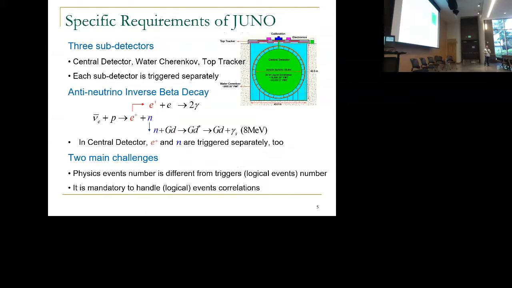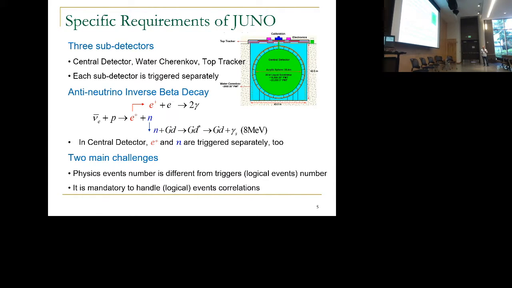I mentioned there are specific requirements for the Daya Bay experiment, and so is JUNO. The JUNO detector consists of 3 sub-detectors: the central detector, the water Cherenkov, and the top tracker. Each sub-detector is triggered separately.